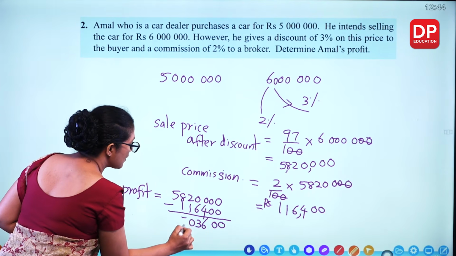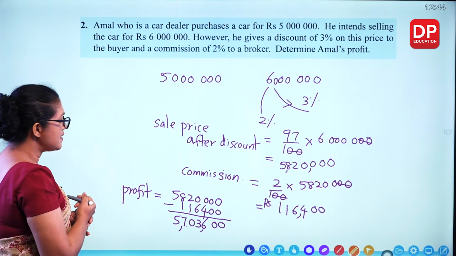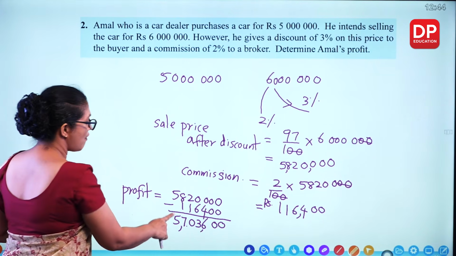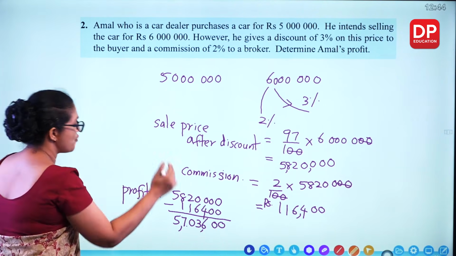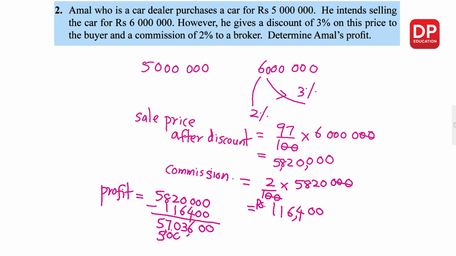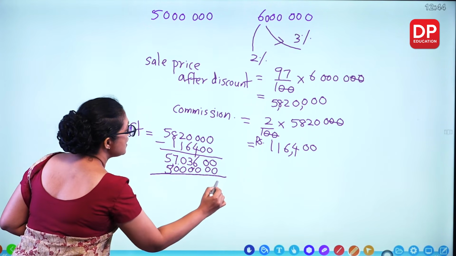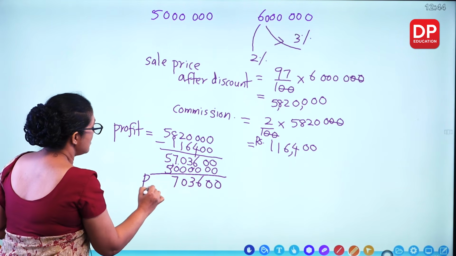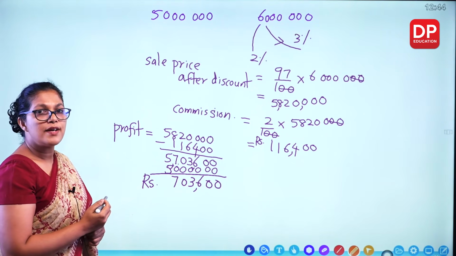You get 57. Here what's the value? 5,703,600 rupees, and you have to subtract 5 million from that. So what's the profit? Profit is 703,600 rupees.